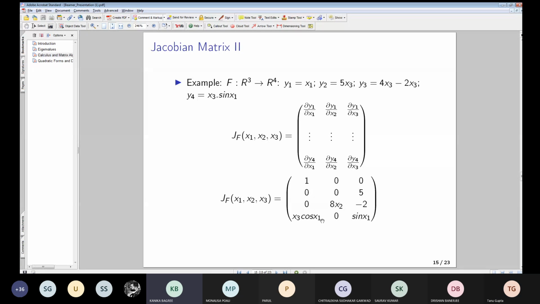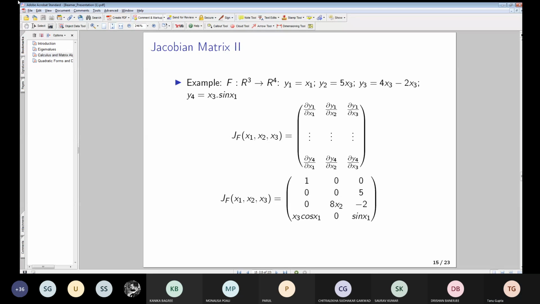Ma'am, is y3 equal to 4x3 minus 2x3? Oh no, yes, it is minus, oh sorry. The first is 4x2 square minus 2x3.